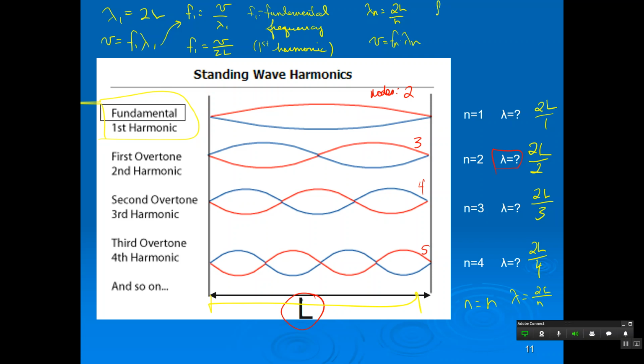And so therefore, the frequency of the nth harmonic is equal to the velocity divided by the wavelength of the nth harmonic, right? And now I'm replacing the wavelength of the nth harmonic with this expression here. So the frequency of the nth harmonic is equal to velocity over 2L over n. So it's going to be the velocity multiplied by n over 2L. Okay? I went a bit fast there, so did I lose anyone?